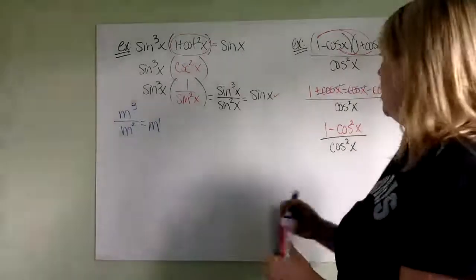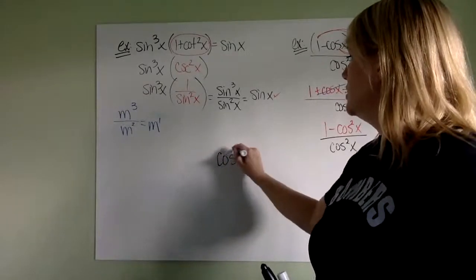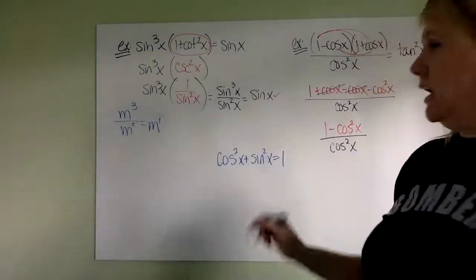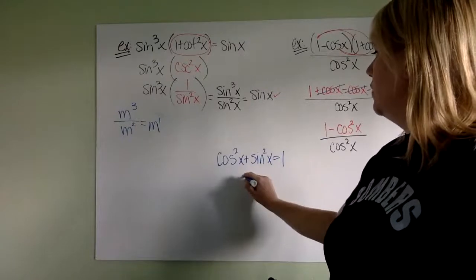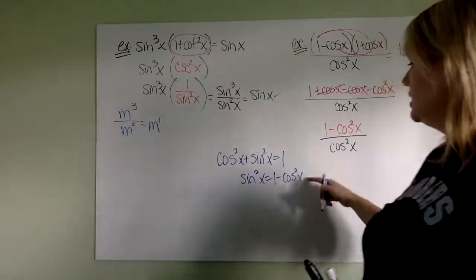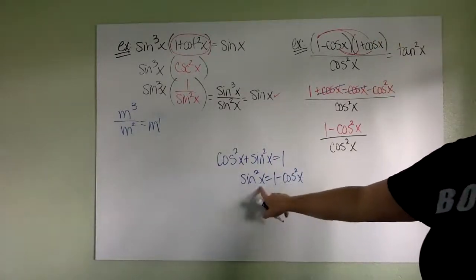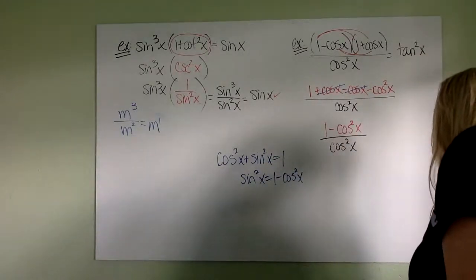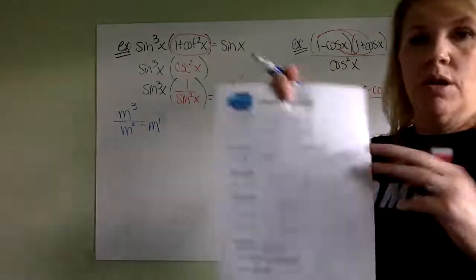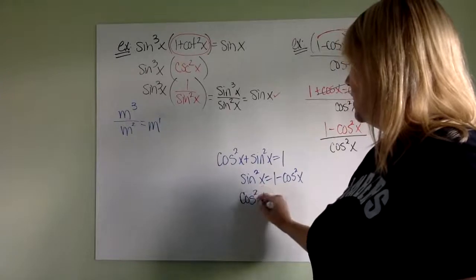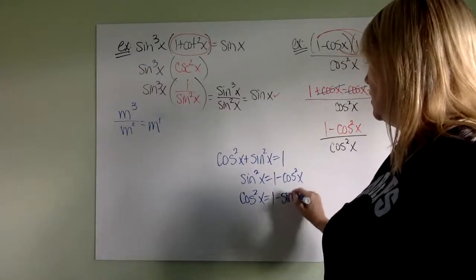And then remember our Pythagorean identity that says cosine squared plus sine squared equals 1? We can rearrange that. And if I move the cosine squared over there, then I have sine squared equals 1 minus cosine squared. Anytime you see a 1 minus cosine squared, you can replace it with a sine squared using this Pythagorean identity. If you have your paper printed out, you might even write over here on the side, write this one, and then moving the sine to the other side, you could rewrite it as that.